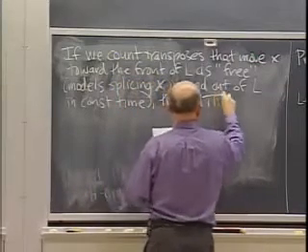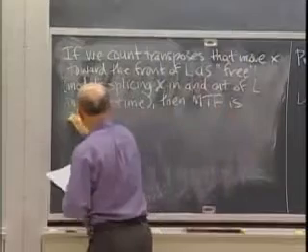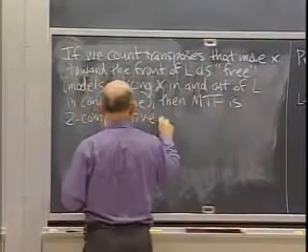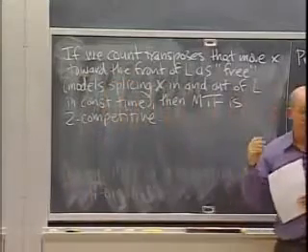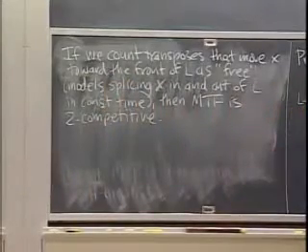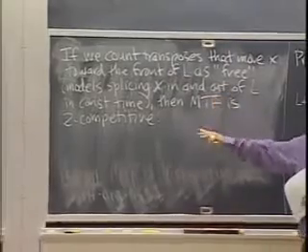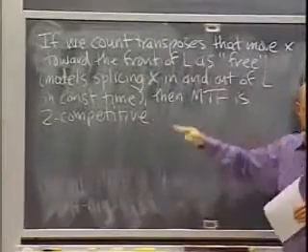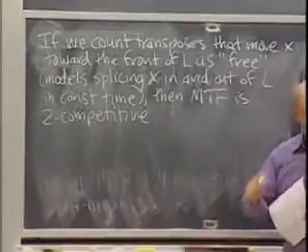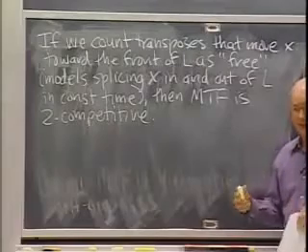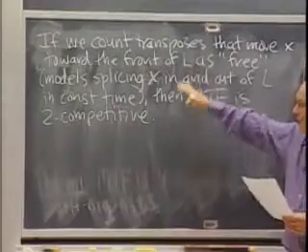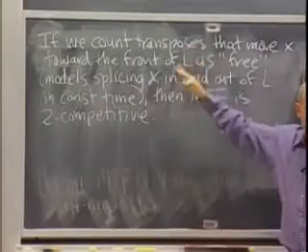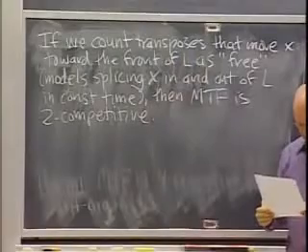Then MTF is, it turns out, 2-competitive. It's within a factor of 2 of optimal, if you use that. And that's actually a good exercise to work through. You can also go read about it in the reading. But to understand this better, look to see where you would use those things. You have to have another term representing the number of, quote, free transposes. But it turns out that all the math works out pretty much the same.